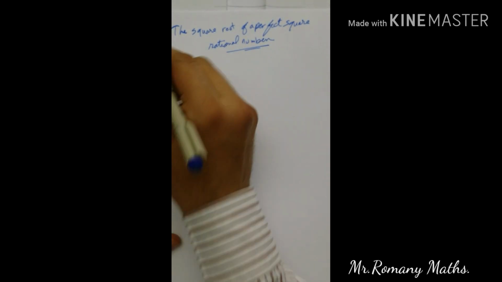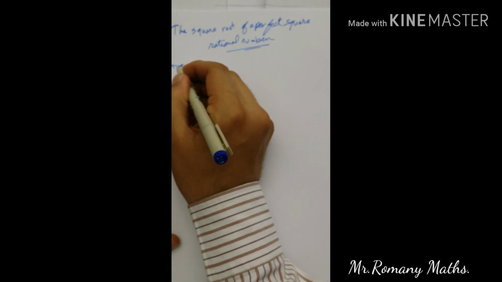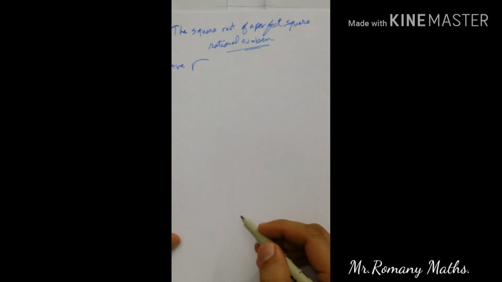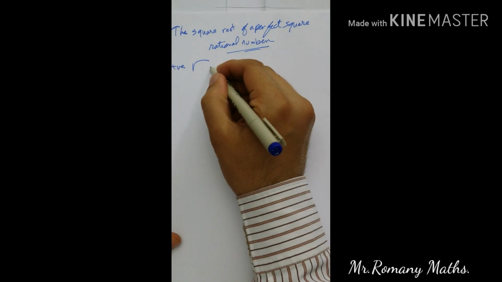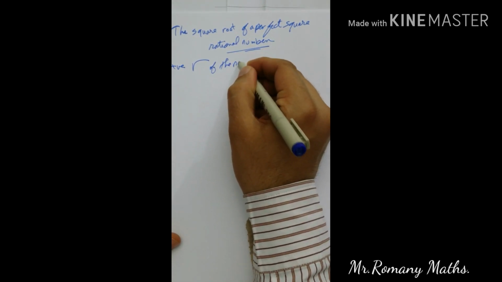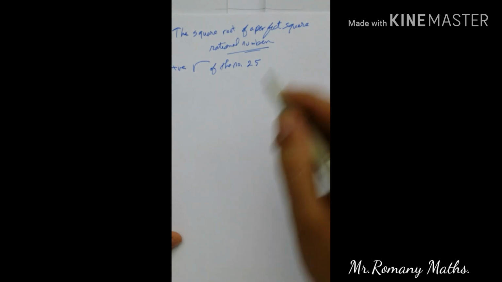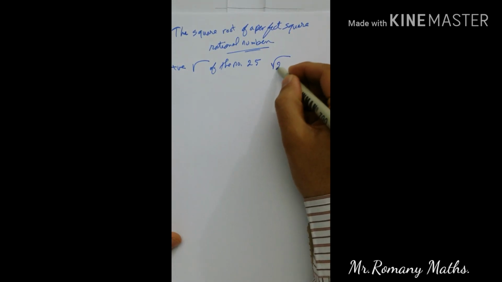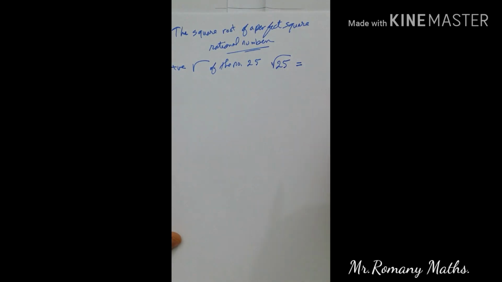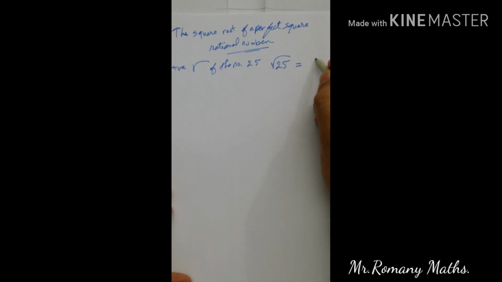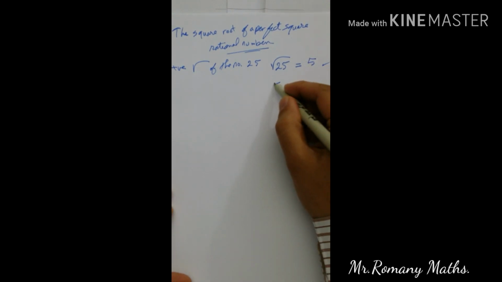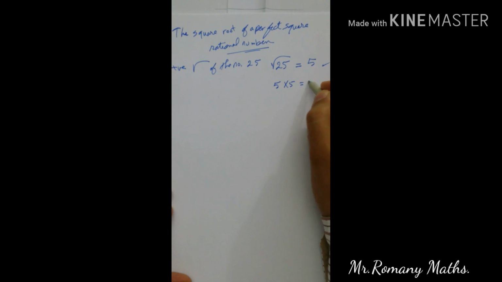Okay, the positive square root of the number 25. Square root of 25 equals, you have to look for a number which if multiplied by itself gets 25. Yes, excellent. 5, because 5 times 5 equals 25.